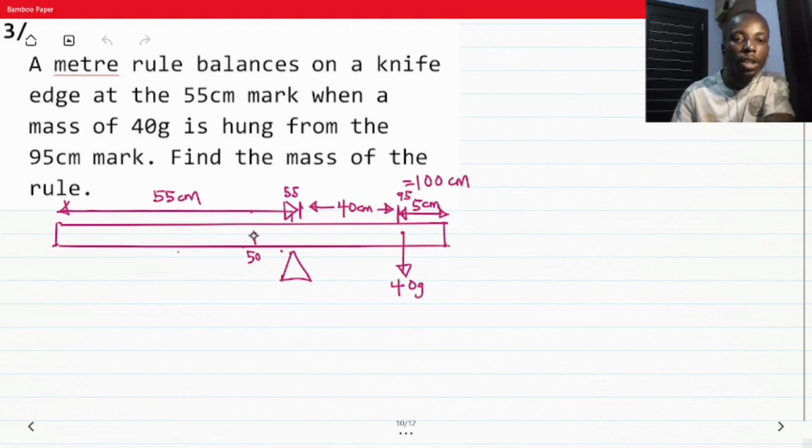So that means it's going to have a weight which is concentrated at the midpoint.